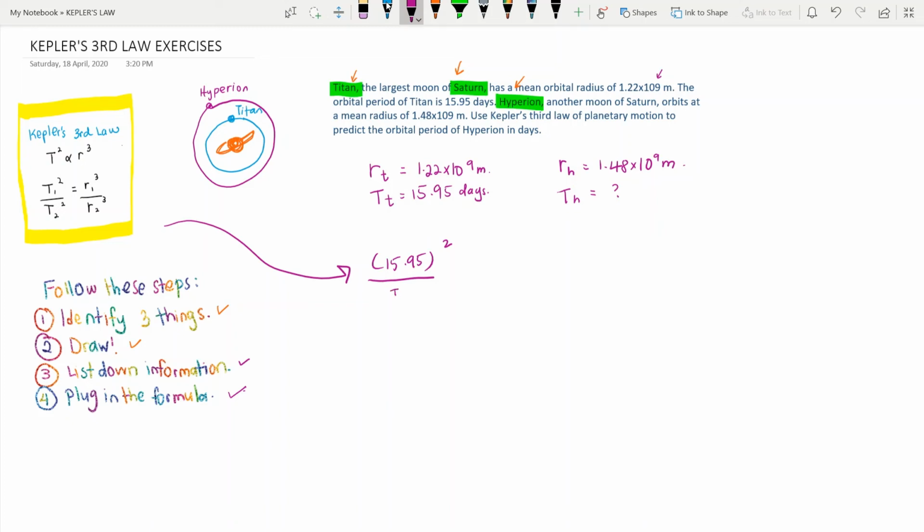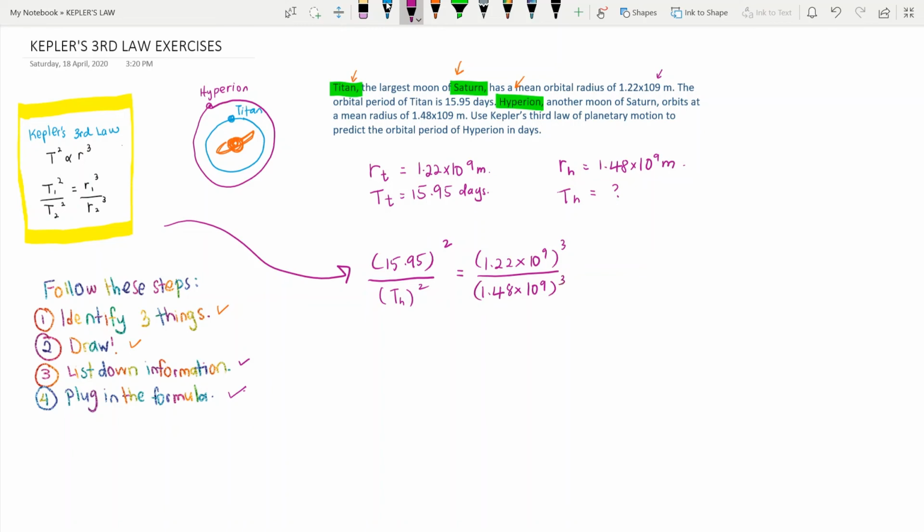Ini yang kita nak cari. Okay, equals to R1. So R1 is R Titan, 1.22 times 10 to the power of 9 meters cube over R2 cube. So R2 is R Hyperion, 1.48 times 10 to the power of 9 cube.